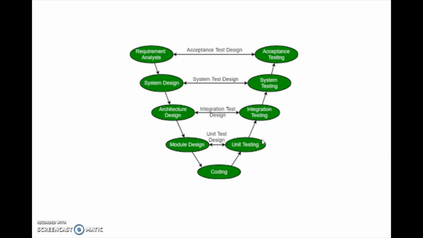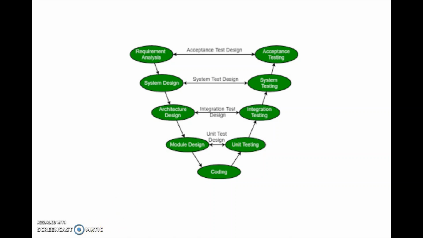So each and every document that you create has to go through a process called verification. What actual verification is, we are going to study in the next slides. But this is called verification, and on the right hand we do validation. So whatever actual code is developed, we are going to perform the validation activities on the same.